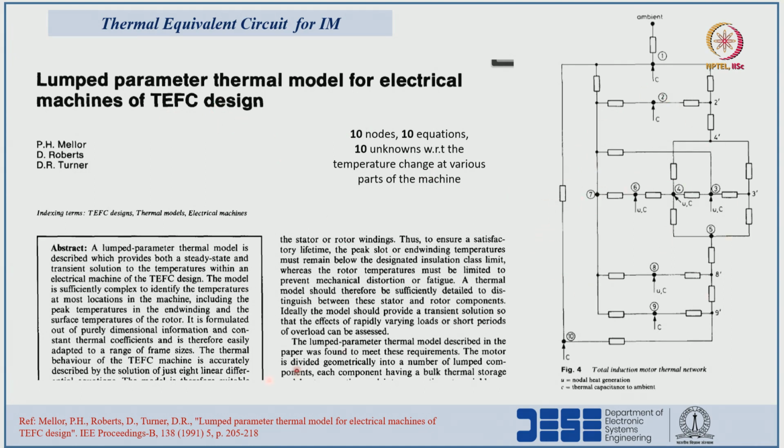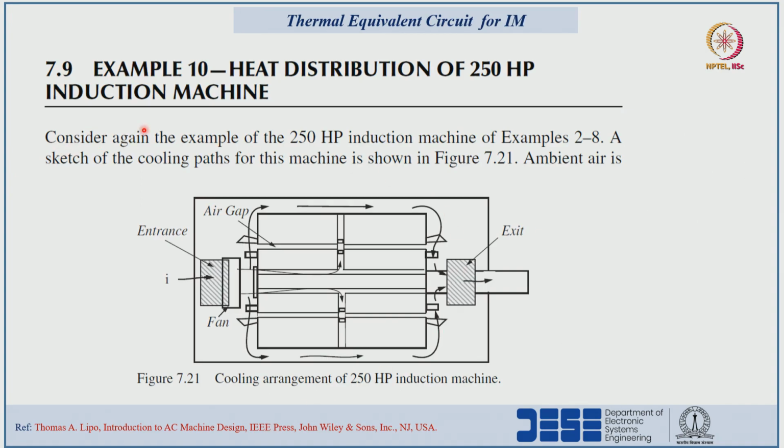This is the circuit and the respective literature we can see here. And for the example related to heat distribution of an induction machine, anyone who is interested can go through this literature and see how to calculate the temperature at the various parts of the machine.